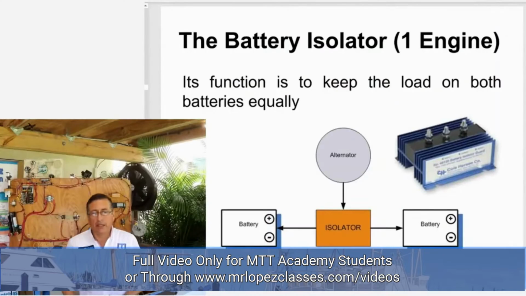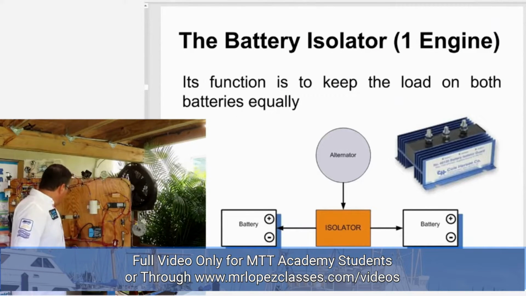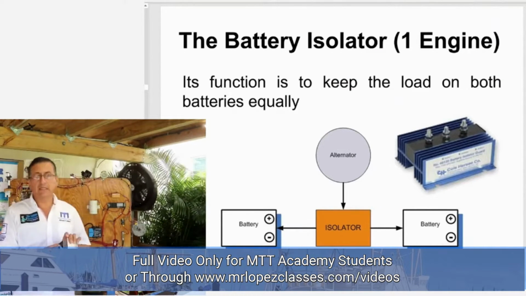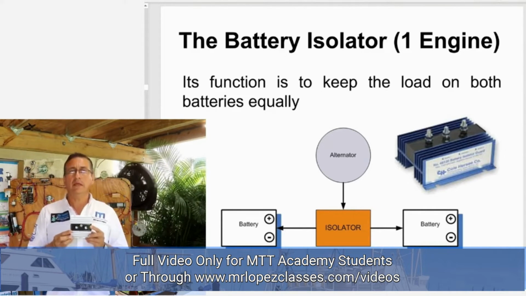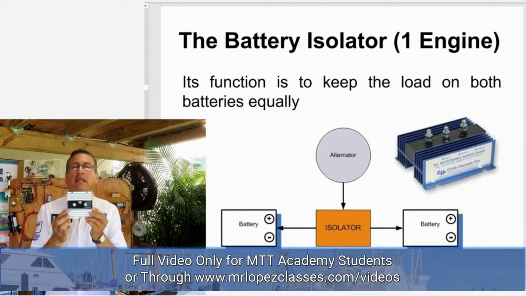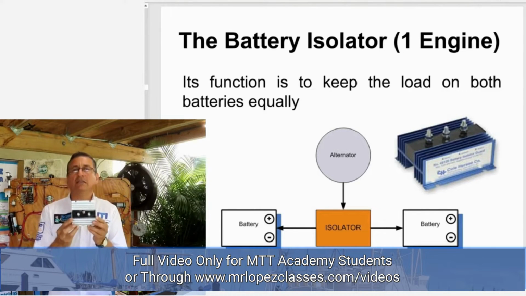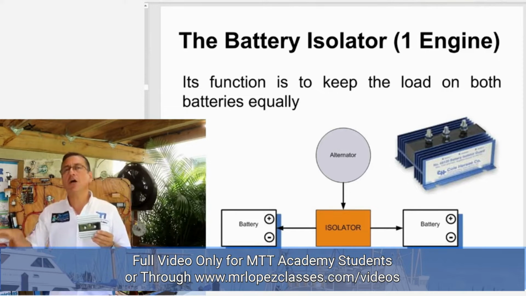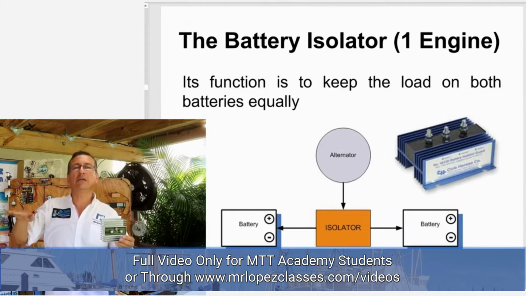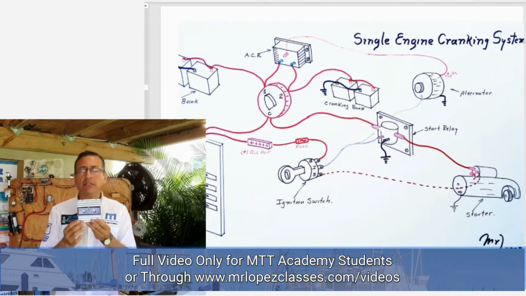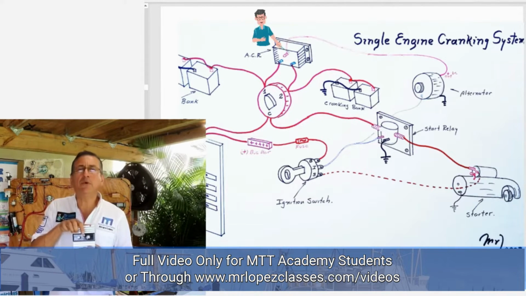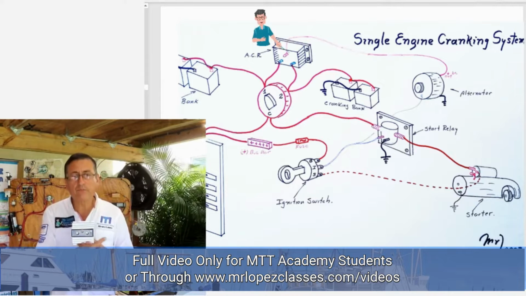Right? There are different types of automatic charging relays. This is the ACR. The ACR is an electronic device used to keep the charge of both battery banks stabilized, equal. In this particular case, this battery isolator has one input and two outputs.